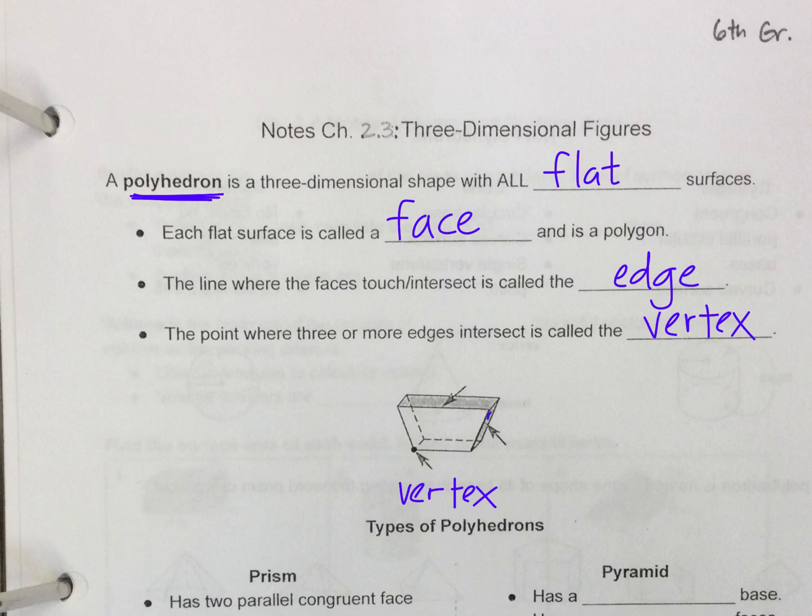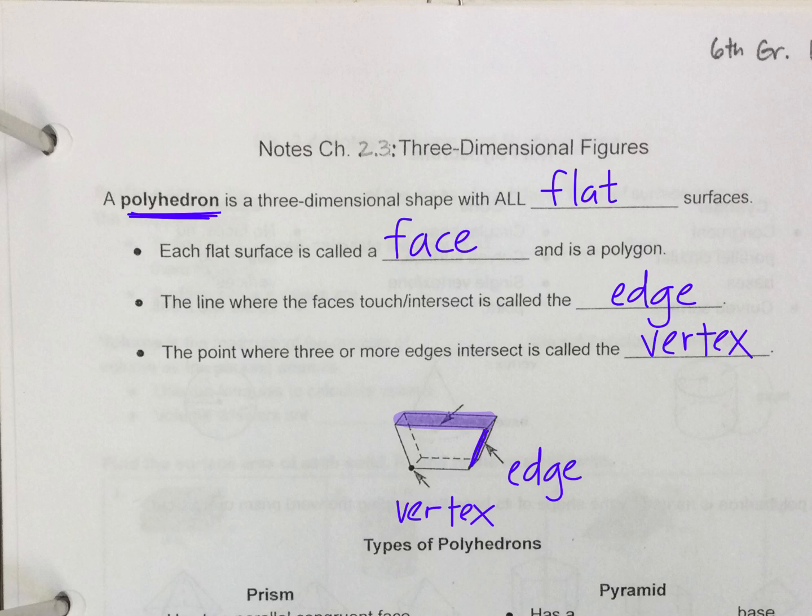This is talking about this line right here where all these sides meet, just that little bit, it's the edge. And then this part is talking about this whole flat piece right there, and that's called a face. So much of geometry is just being able to identify parts and pieces correctly. So face, edge, and vertex.